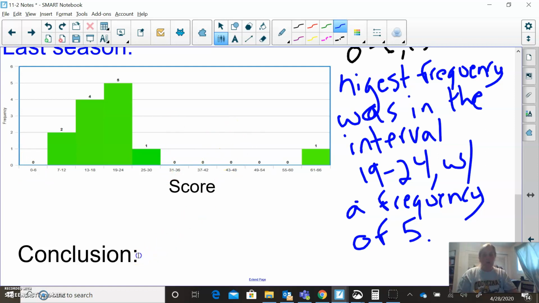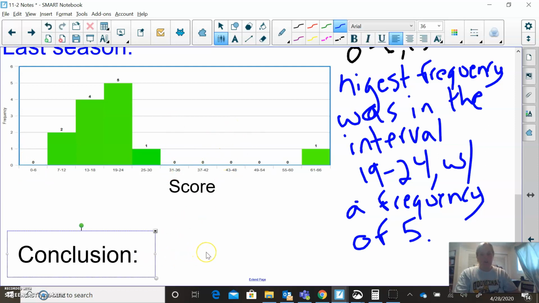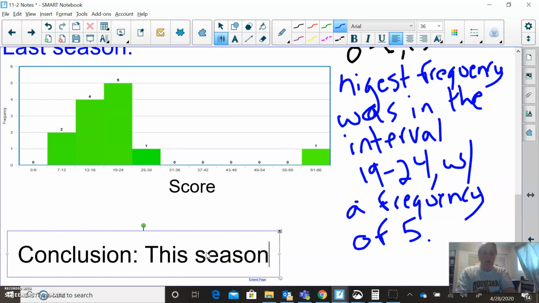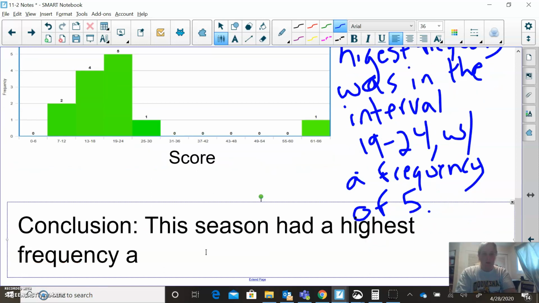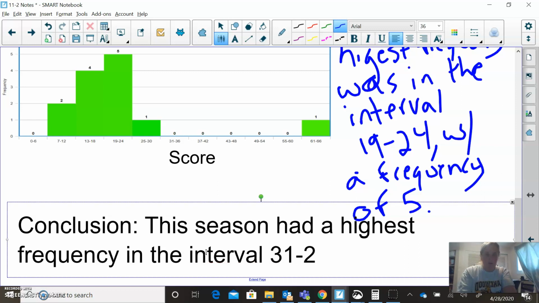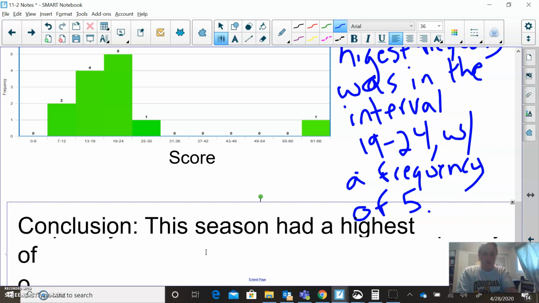So in conclusion, this season had a highest frequency in the interval 31 through 36, with a frequency of 4.